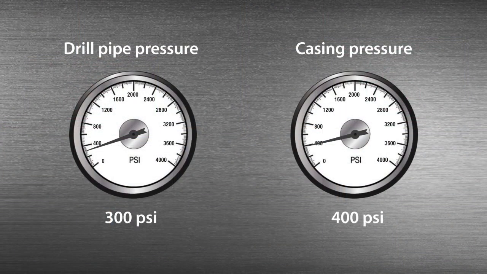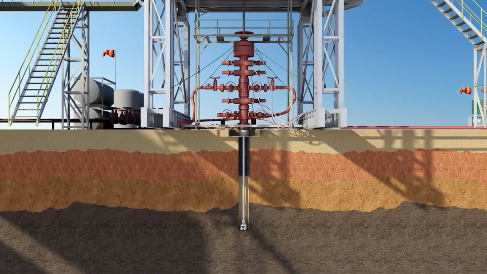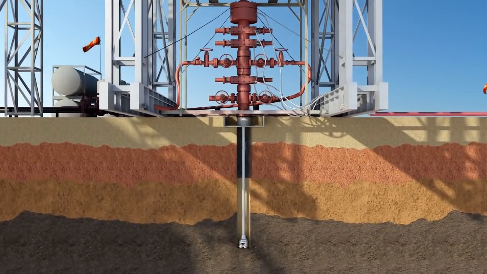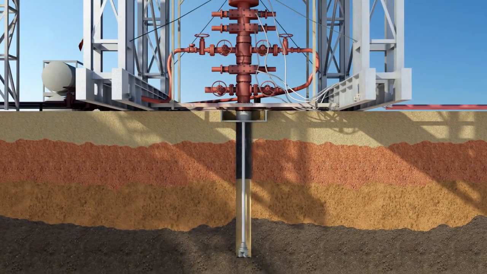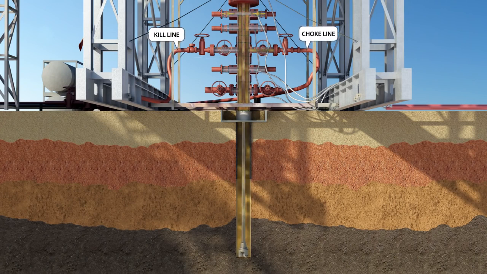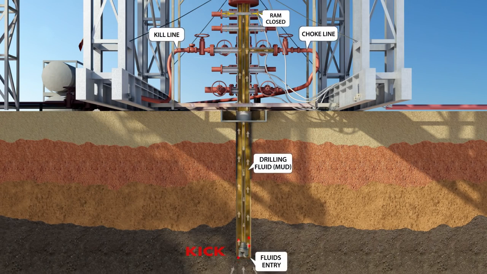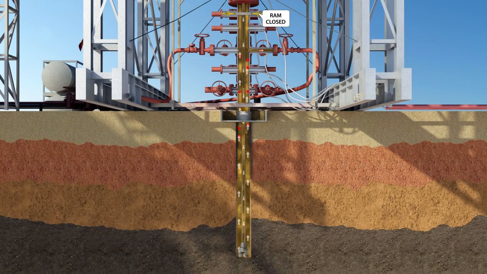The next step will be to monitor the shut-in drill pipe and the shut-in casing pressure gauges. The kick will be circulated out of the wellbore using the driller method first cycle by pumping drilling fluid downstream and getting returns from the annulus through the choke line to the choke manifold and the poor-boy degasser, and toxic gases will be flared. Once the kick is out, the well will be shut in.